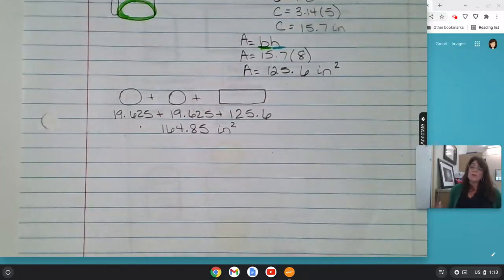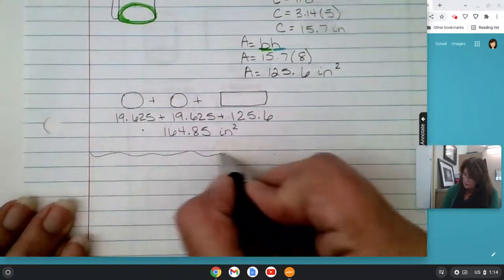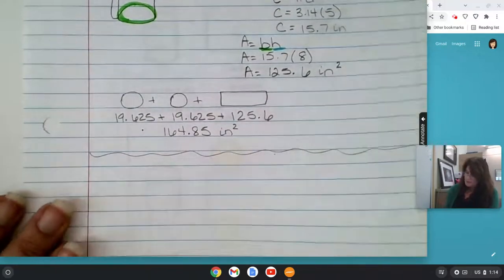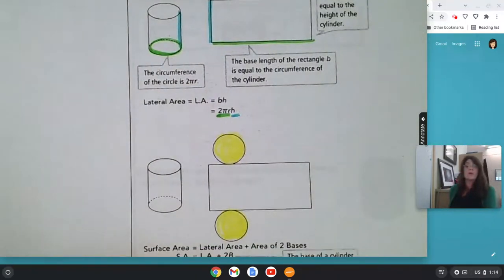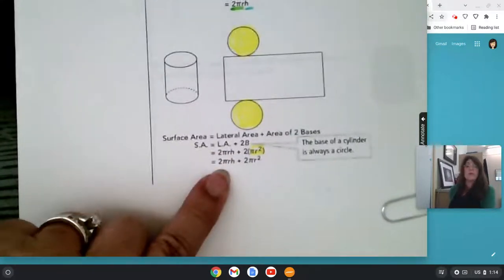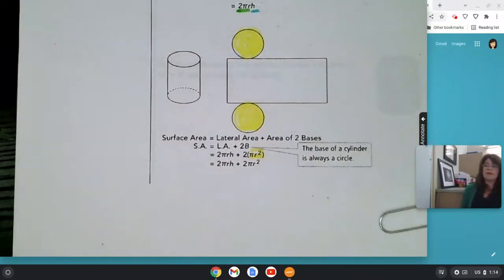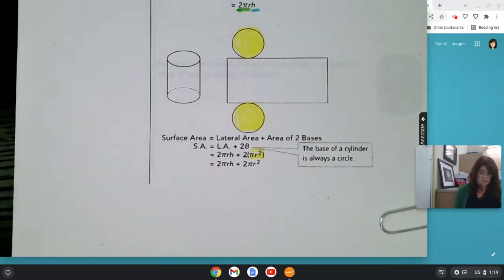I would say this is the way most people find surface area of an object. But there is another way, and it involves this formula right here. If you can't remember the formula, you could always break it down into circles and rectangles.